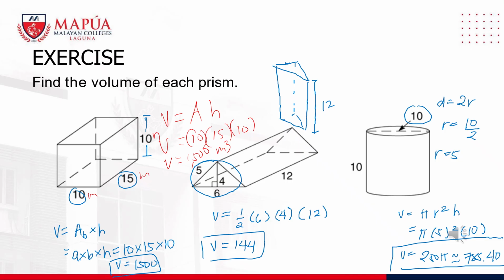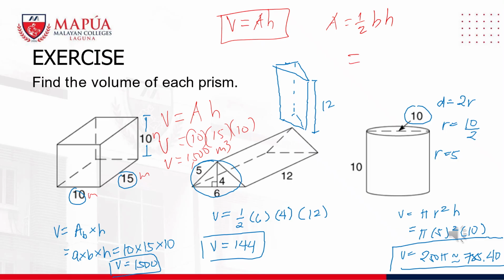Okay? Now, looking at this picture, this is also a prism. So volume of prism, again, the volume of the prism is simply area of the base multiplied by the height. So if this is the base, then this is triangular. So area of the triangle is simply 1/2 base times the height.